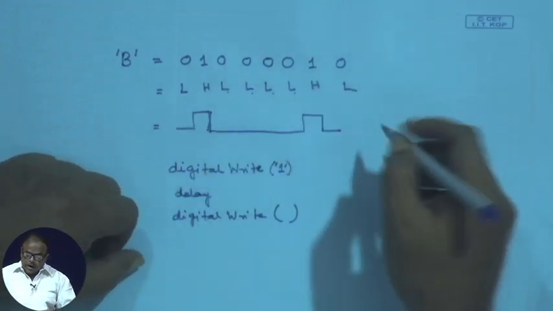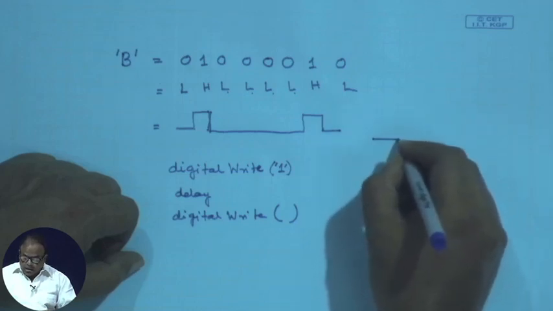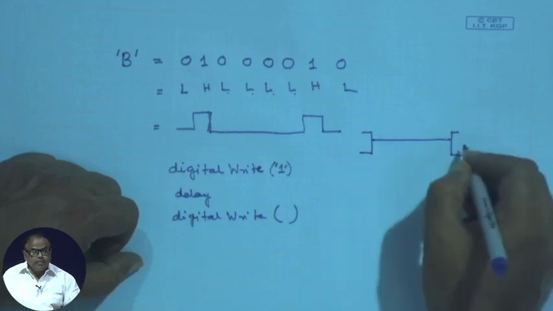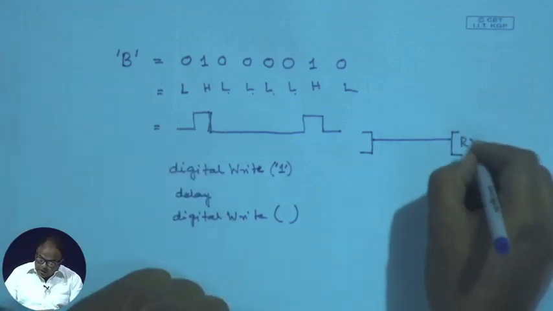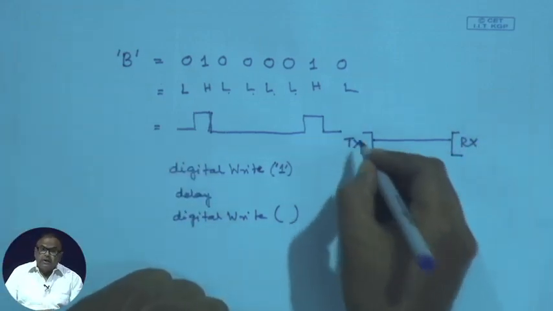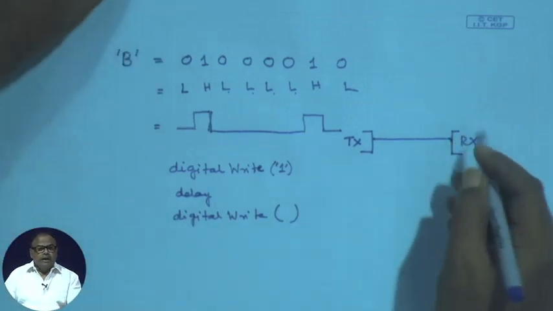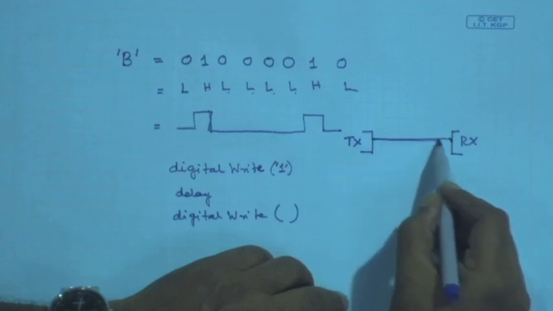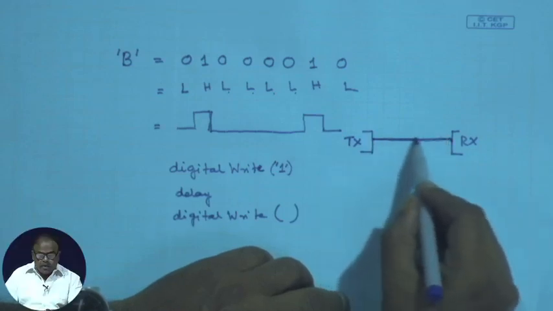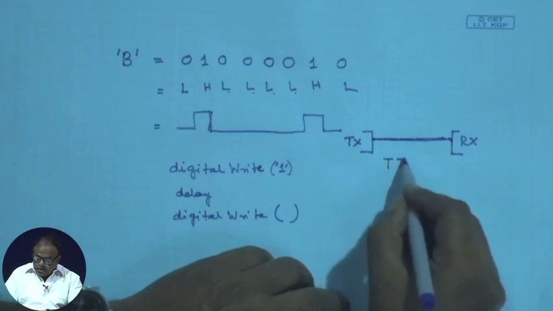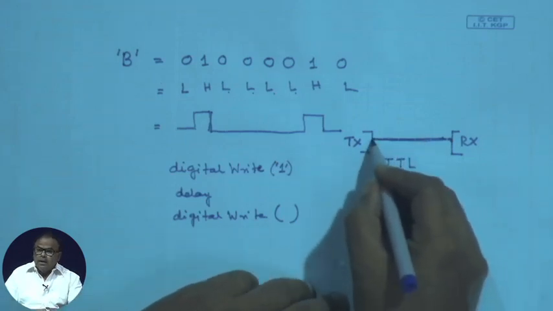Now, I need one single wire to send the data from this system to this system. If I call this the receiver and this the transmitter, the receiver must know when the data has started flowing, because this line is a TTL line. Okay. This is transistor logic being used here.